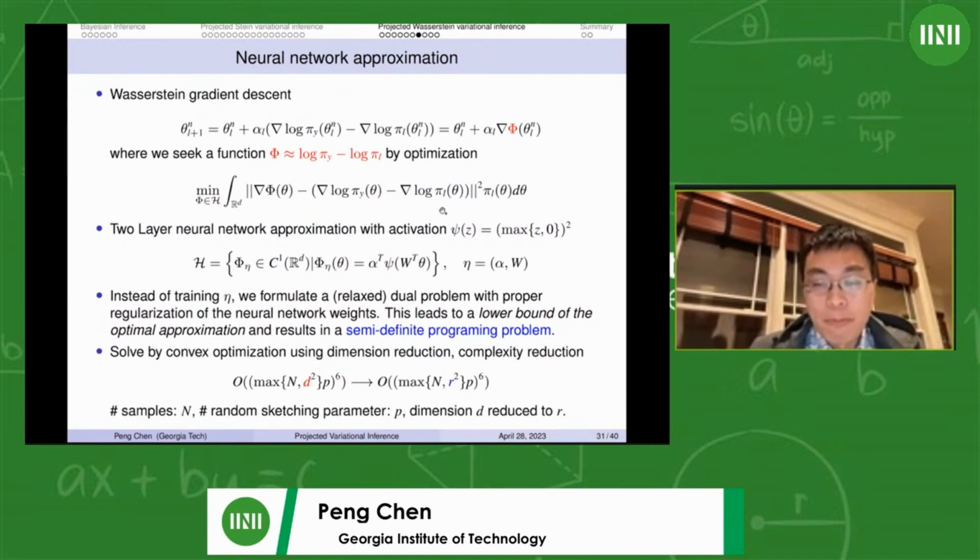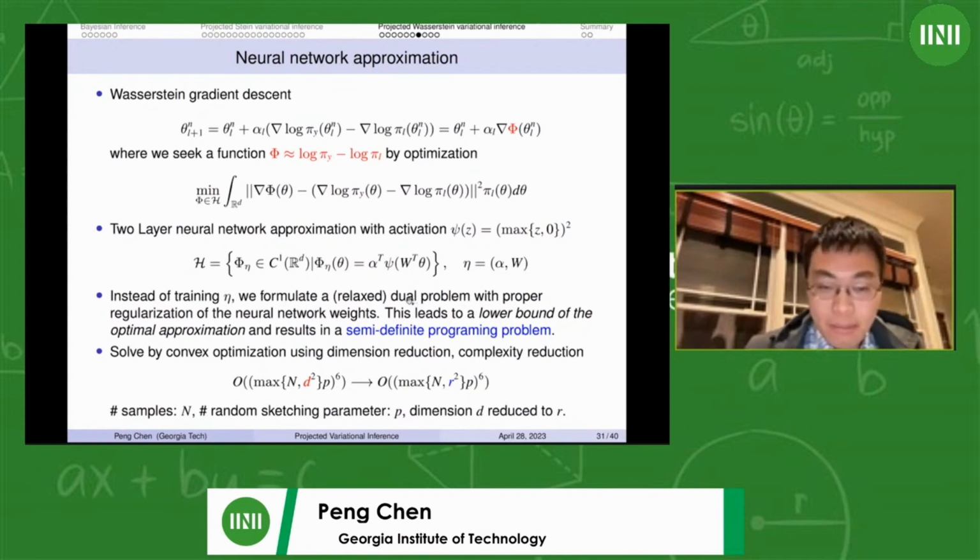So instead of training the neural network, we can solve a convex optimization problem via this relaxed dual problem. Essentially, it's a semi-definite programming problem, a convex problem. So we don't have to train the neural network. We just need to solve a convex optimization for this relaxed dual problem.